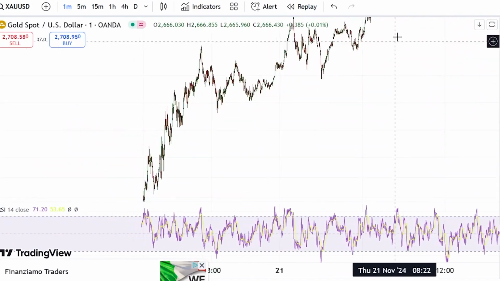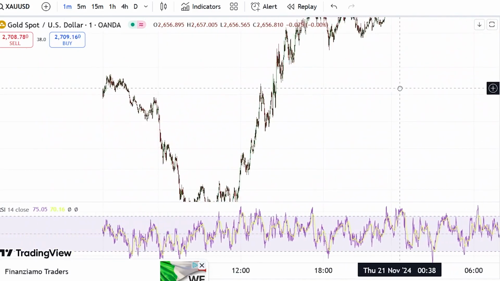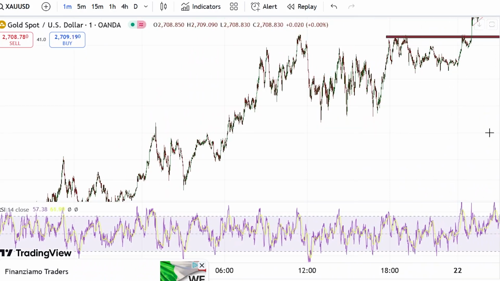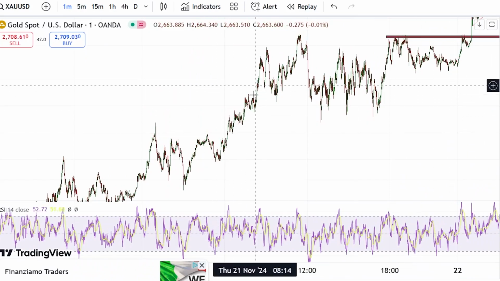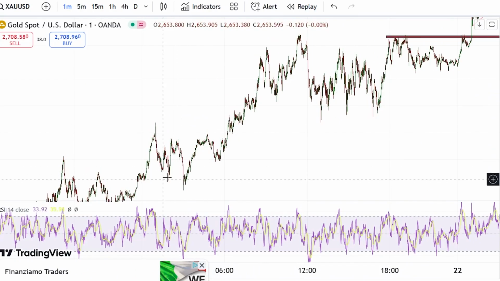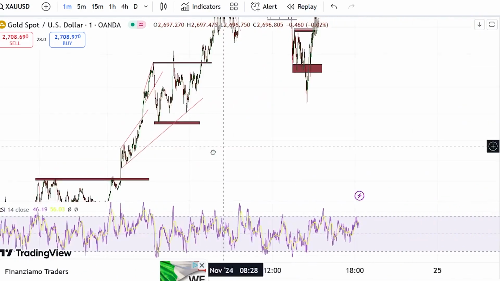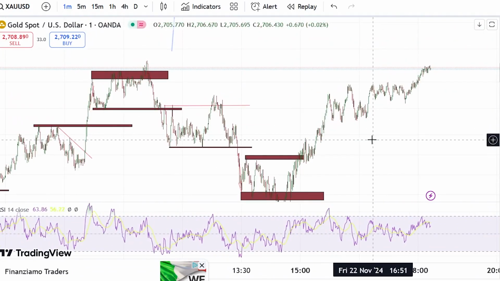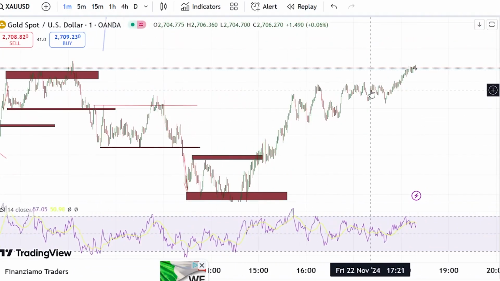Okay, some more examples, if I find very good clear breakouts. All of these spikes are breakouts actually, but I'm searching for the more clear ones.